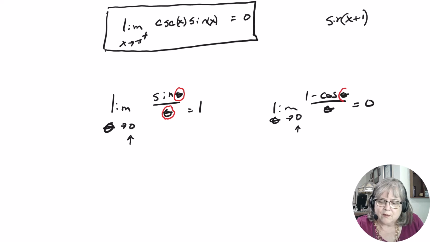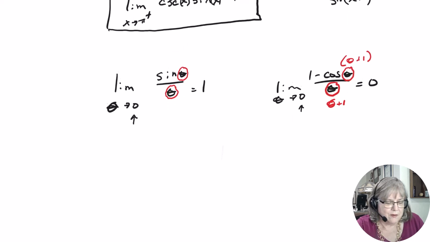Likewise, this angle right here and this one right here have to be the same. If this is a, I don't know, 5 theta, this has to be a 5 theta. If this is theta plus 1, this would have to be theta plus 1. Same as over here. Okay?